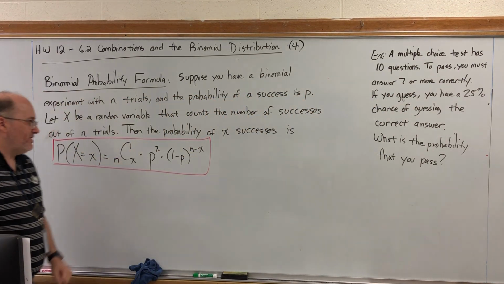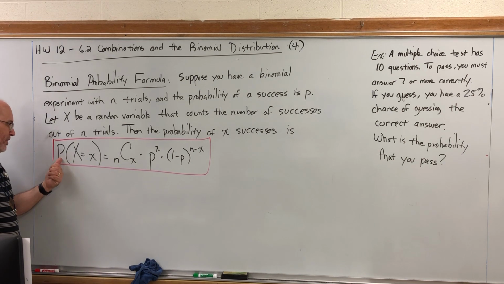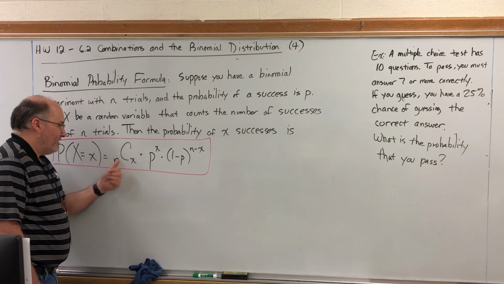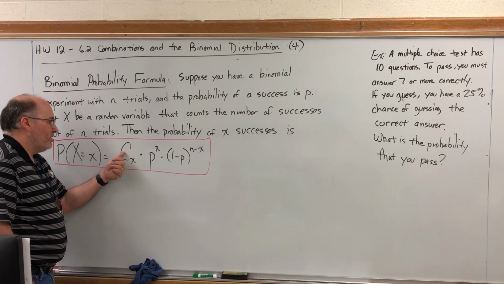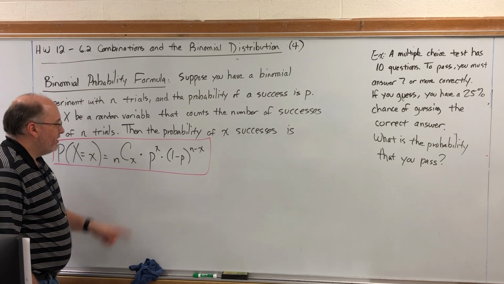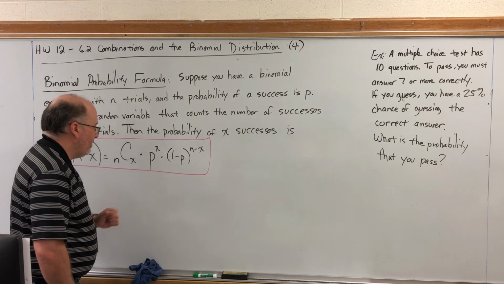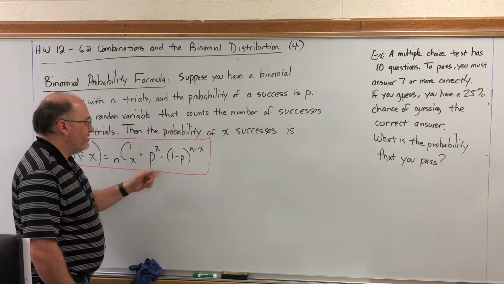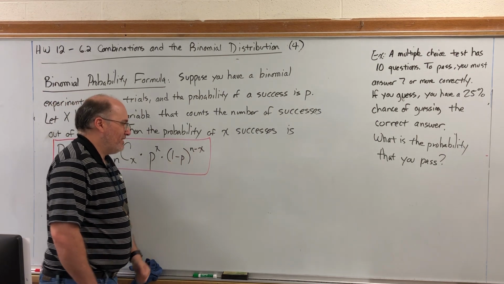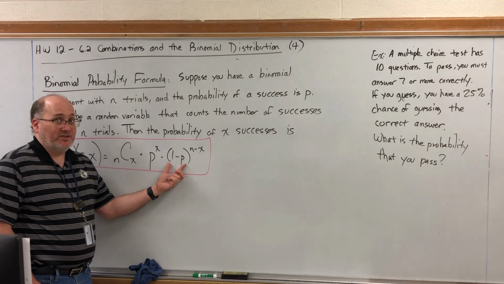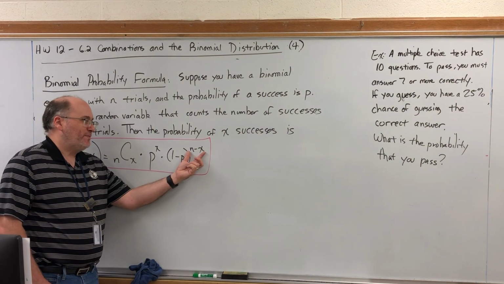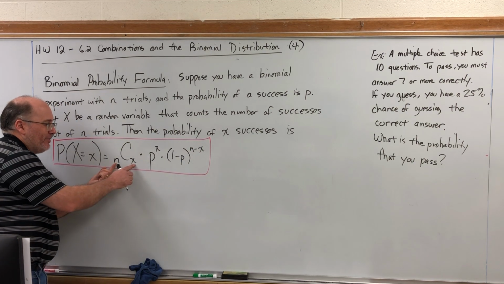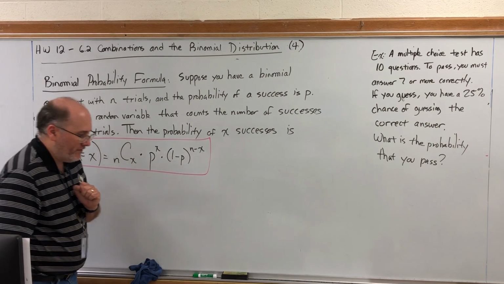Then the probability of x successes, in other words, the probability of capital X equals the number of successes, is a combination nCx, so number of trials, combination, number of successes, times p to the x, the probability of success raised to the power that equals the number of successes, times 1 minus p to the n minus x power. 1 minus p represents the probability of a failure. This exponent represents the number of failures. Remember, this is how many trials, this is how many successes, so the difference would be the number of failures.